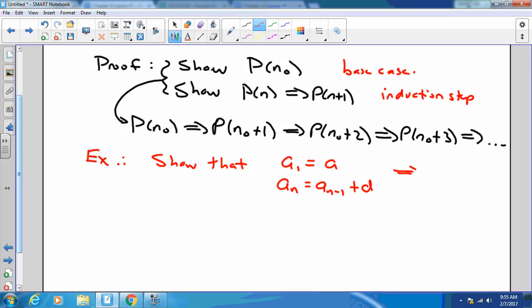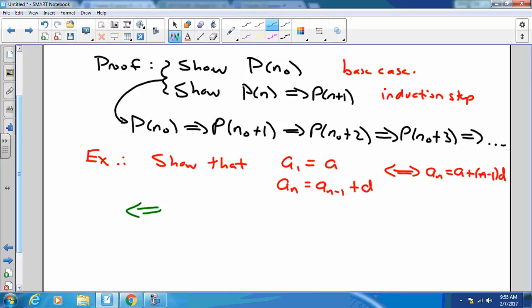Let's show that if this is the case, then a(n) is always an arithmetic sequence, and vice versa. Now, the proof in the reverse direction is easy, so let's do that first.